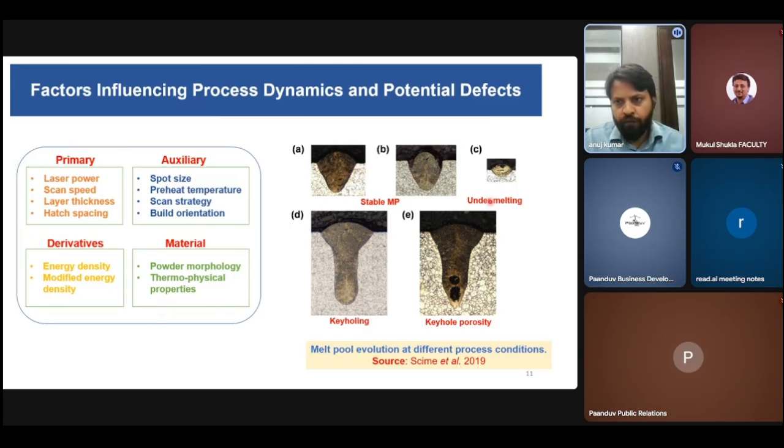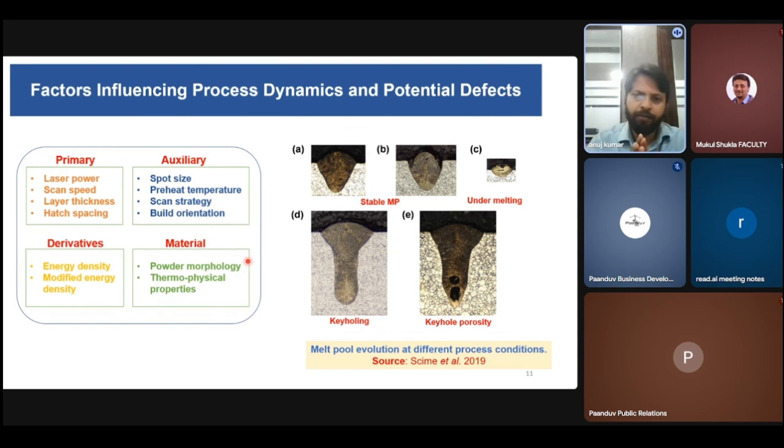So how do these different melt pool structures come into play? Because of these parameters, which can be laser power, scan speed, layer thickness, hatch spacing, as well as some auxiliary parameters like spot size, preheat temperature, scan strategies, and build orientation.